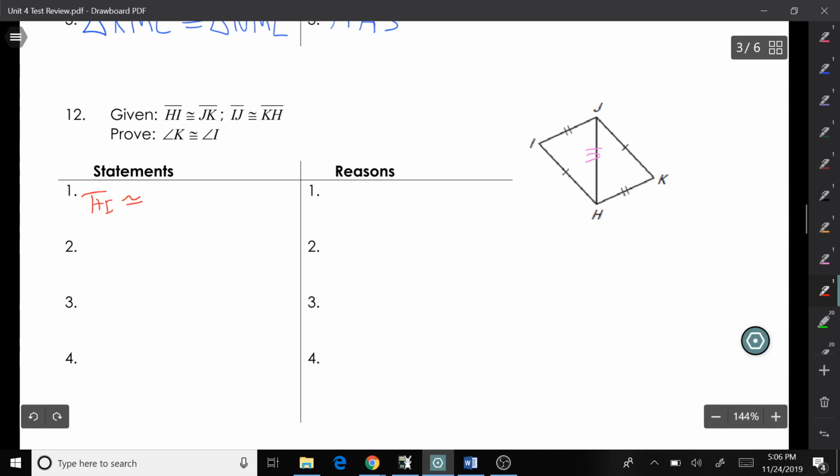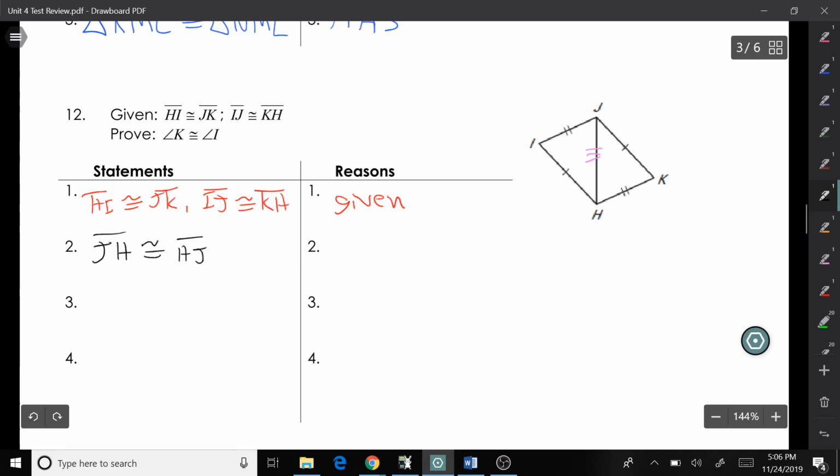So I start with the given. HI is congruent to JK, and IJ is congruent to KH is given. Then JH is going to be congruent to HJ.